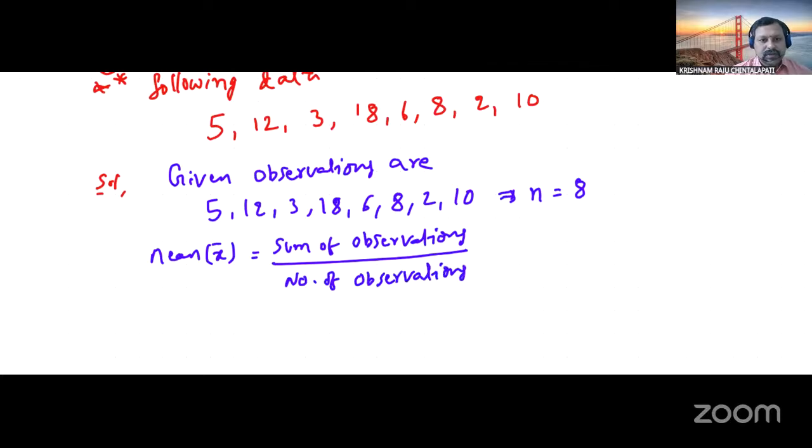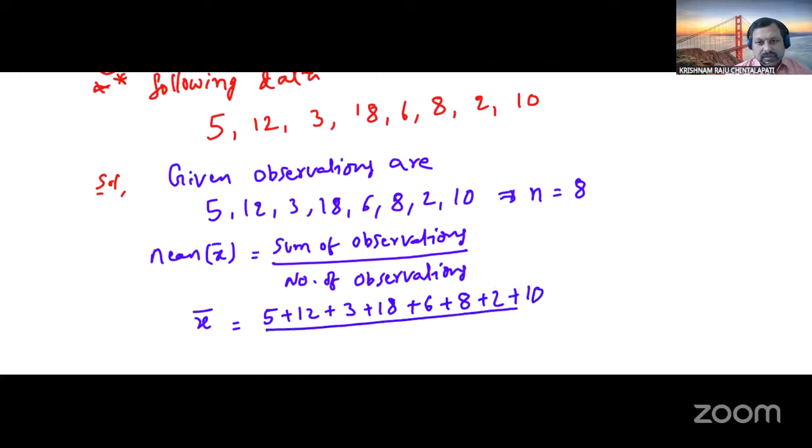So x bar equals 5 plus 12 plus 3 plus 18 plus 6 plus 8 plus 2 plus 10, whole divided by 8. If you add it, you get 64 by 8, which is 8. So the mean is 8 here.